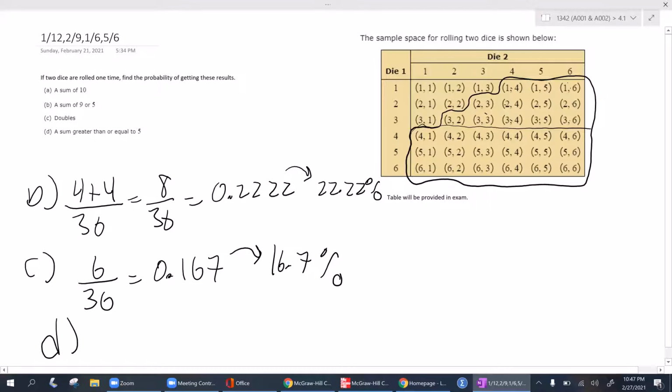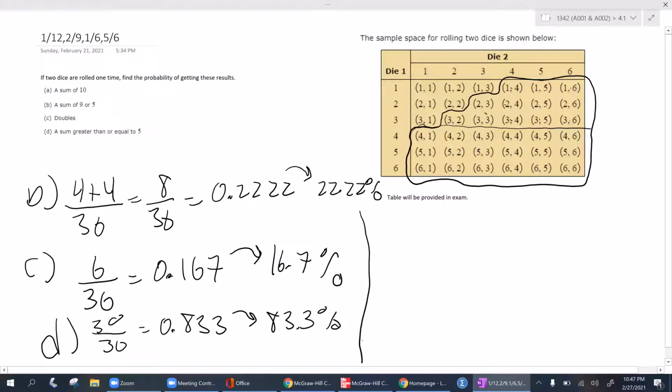That gives me 30 over 36. If you plug this into a calculator, this is 0.833 or 83.3%.